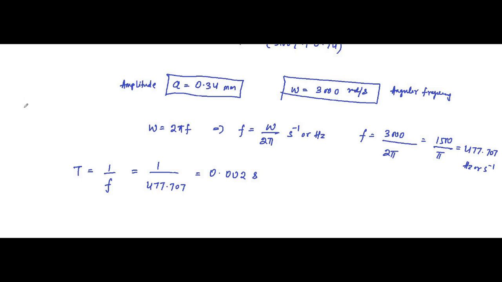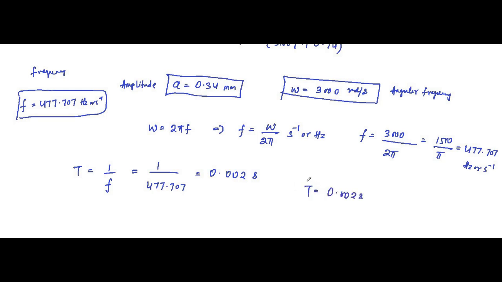So here f is equal to 477.707 hertz, that is the frequency, and T is equal to 0.002 seconds, which we have rounded off. It will have some other digits, 0.0021 like that, so we have chosen this value, rounding it off. It is the time period.